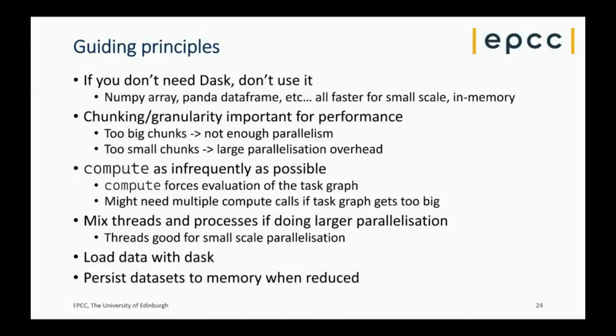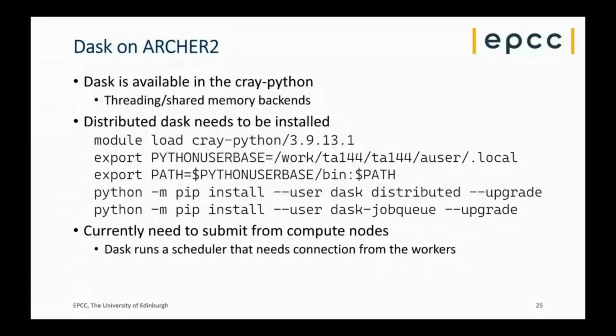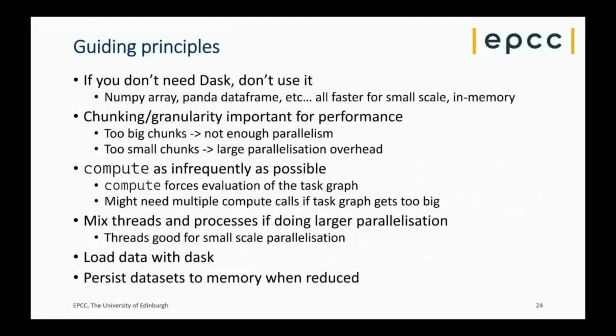If we go in for very large Dask parallelizations, it can be good to mix processes and threads. So if I wanted to use 100 nodes on ARCHER2, I might want to run 8 processes, and each one of those have 16 threads, and mix that up by controlling some of these schedulers here, because that can give me better performance. It reduces the amount of workers involved in each level of communication and can improve things.